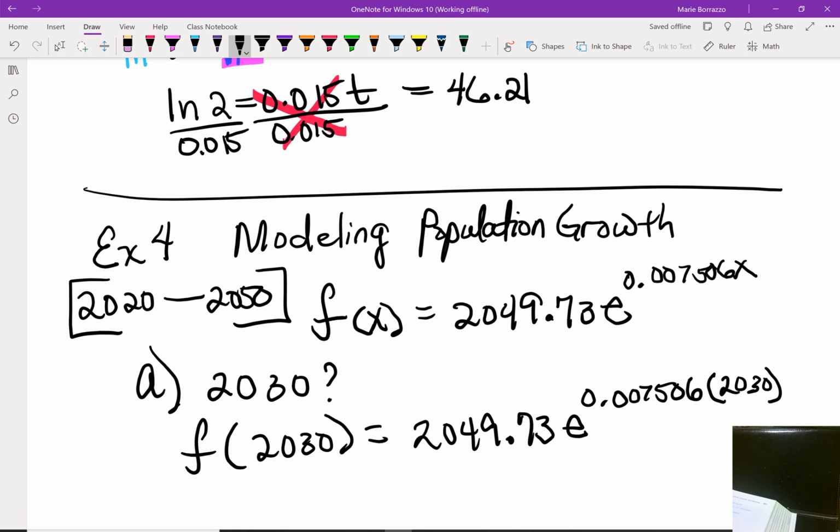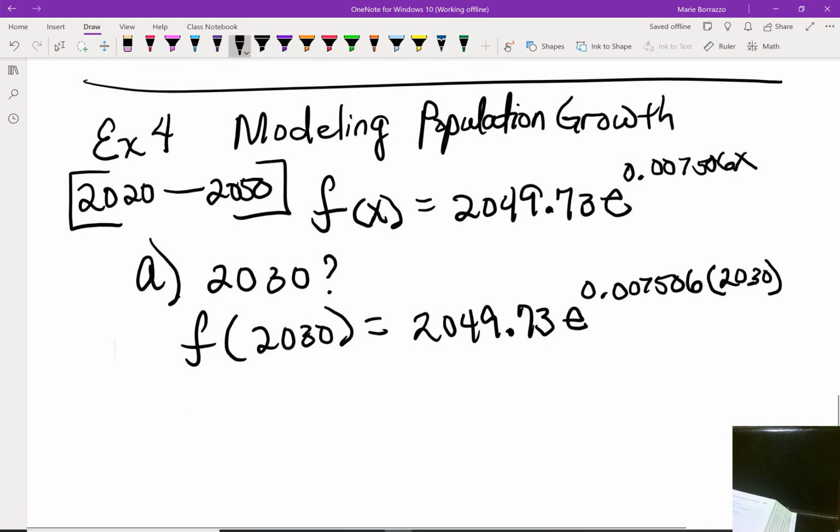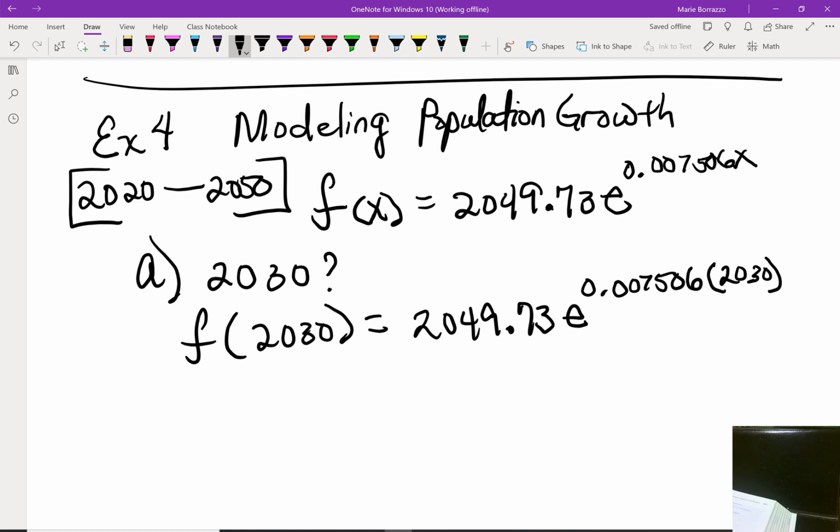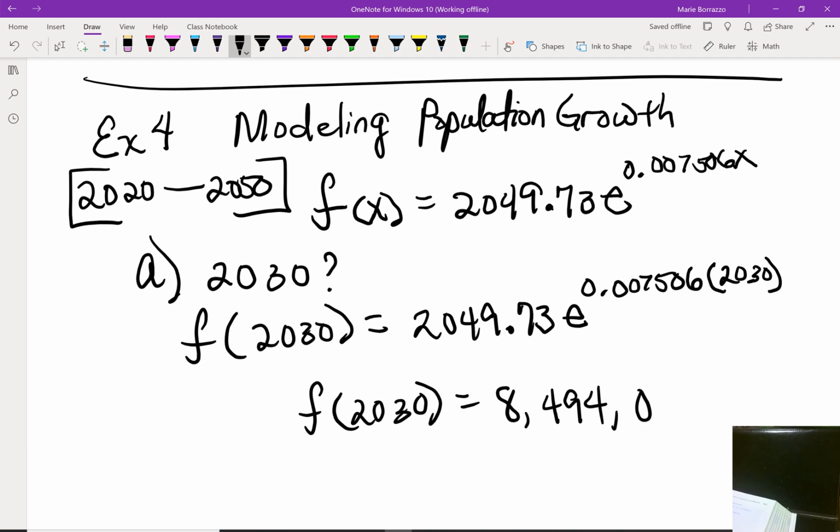When we do the math, and again, this is straight up calculator use, we would find that f of 2030 is going to be equal to approximately 8,494,000,000. Very cool. Very good. And we're going to leave it at that.